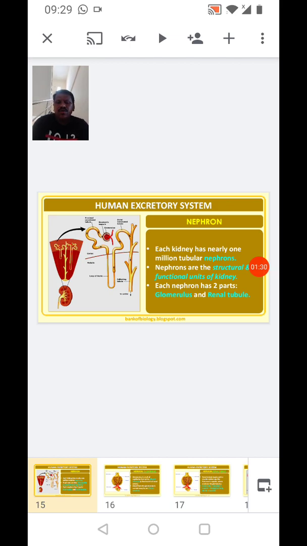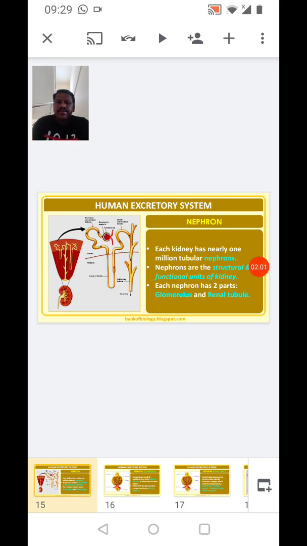Renal papillae open into cup-like structures called calyces. Calyx is the singular word, calyces is the plural word, and all calyces finally open into a wide space called pelvis, and this pelvis will be continued as a ureter out of the kidney, right? This is what we studied in the last class.